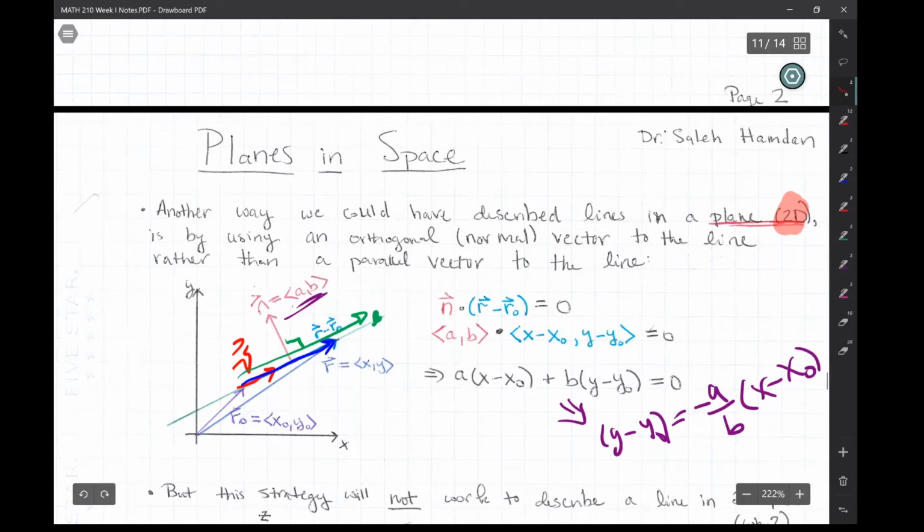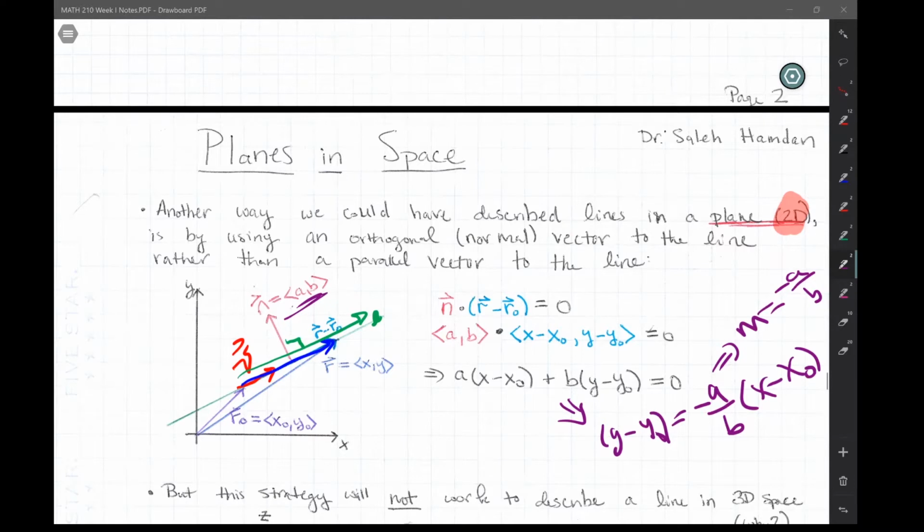That's why a is over b, and you have that minus sign there. So this would be relatable to the things you've worked on previously if you relate m, the slope, as equal to minus a over b. Minus a then would be the rise, and the run would be b.